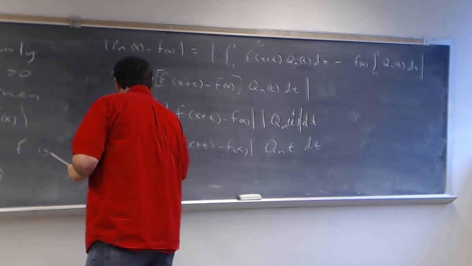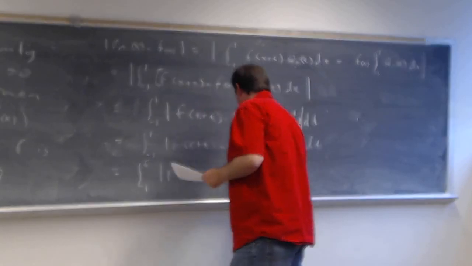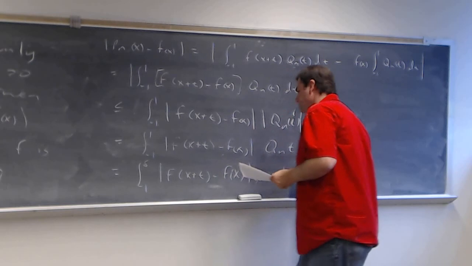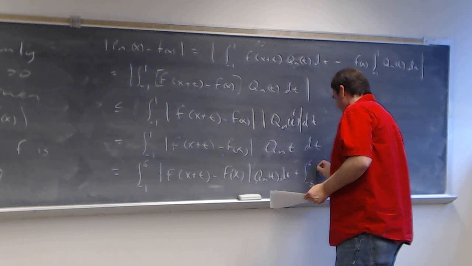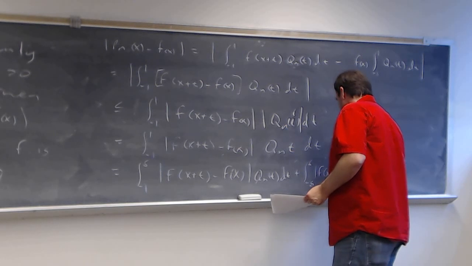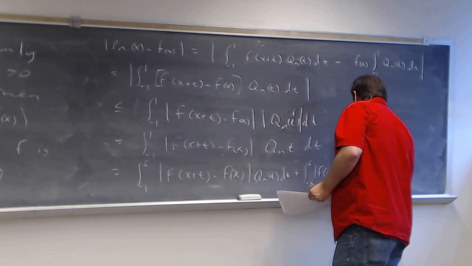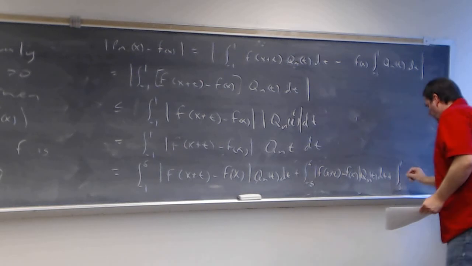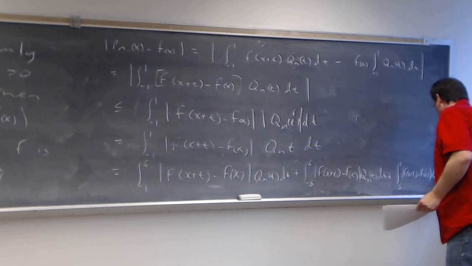The integral from minus 1 to minus delta of the norm of f of x plus t minus f of x times q sub n of t dt, plus the integral from minus delta to delta of the exact same thing, plus the integral from delta to 1 of the norm of f of x plus t minus f of x times q sub n of t dt.